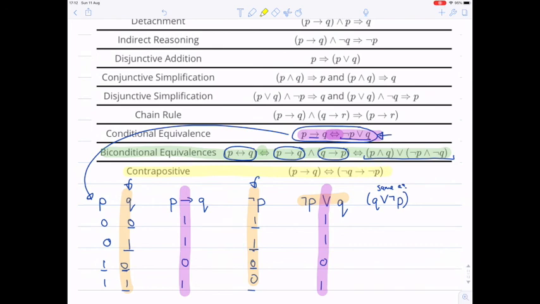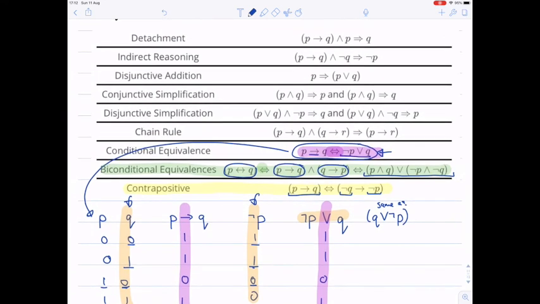And this says you can turn if P then Q into not Q then not P. So spend some time just working through these and checking that you're happy with the implications and equivalences.